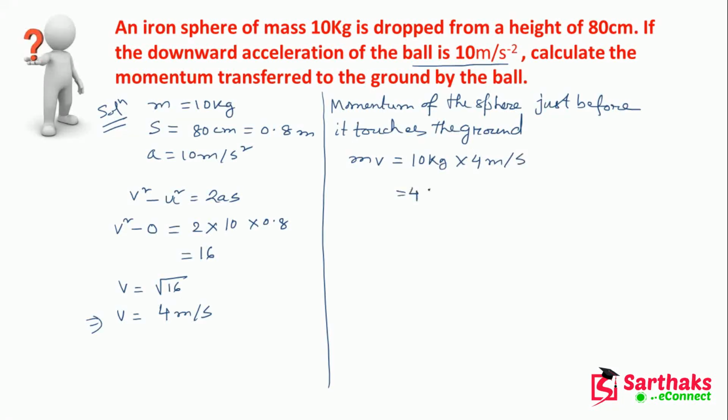So that is 40 kg meter per second. This is the momentum of the sphere just before it touches the ground.